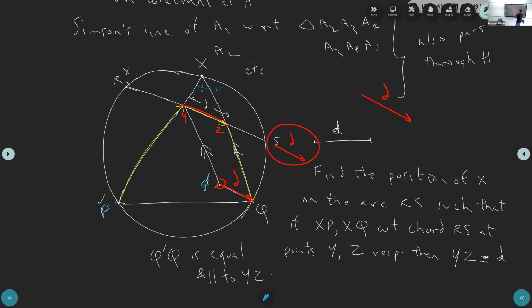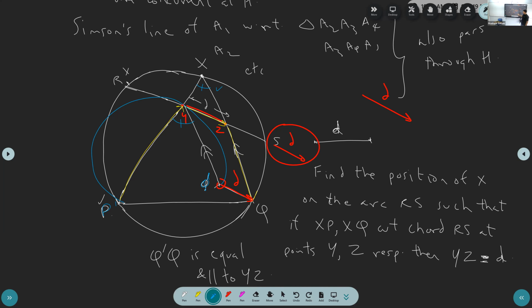But isn't that angle equal to this angle? Because of parallel lines. So what is the construction we need to do now? On PQ dash, we construct the arc of that angle. Whatever is that angle, if you construct the arc, wherever it cuts RS, that will have to be point Y. Right?